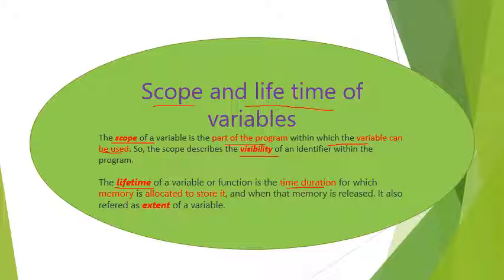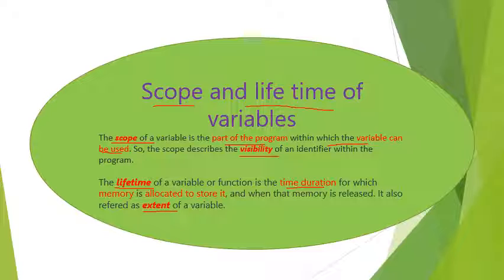How long it resides in that memory is decided by the lifetime of the variable. If we declare it as a local variable, its lifetime is within that function, and after exiting from that function, its lifetime will expire. So lifetime can also be referred to as the extent of a variable.